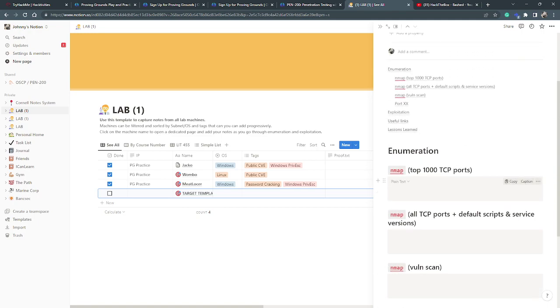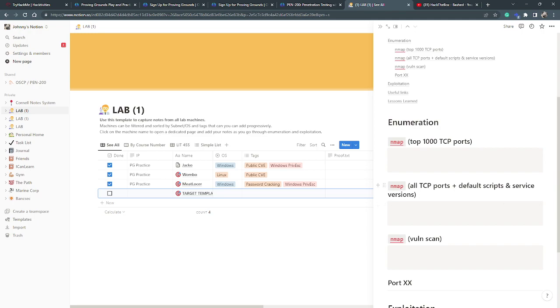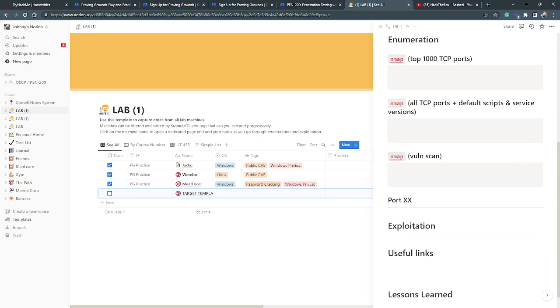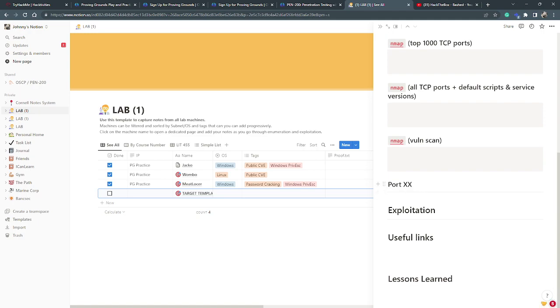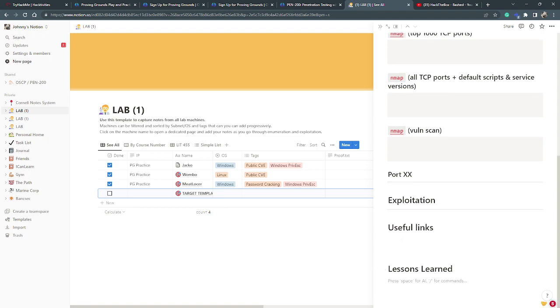So you got your enumeration, your nmap. You do your nmap all ports, default script, and default service, and then you do a vuln scan, and then you have your specific port enumeration here, and then ultimately you put how you exploited it and any useful links that you used that helped you to solve the box. And last but definitely not least is going to be lessons learned.